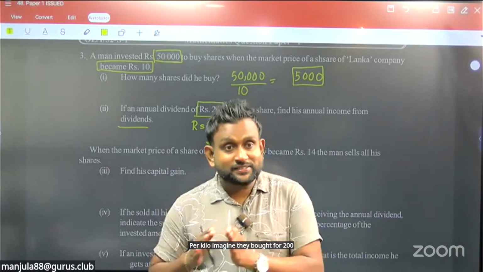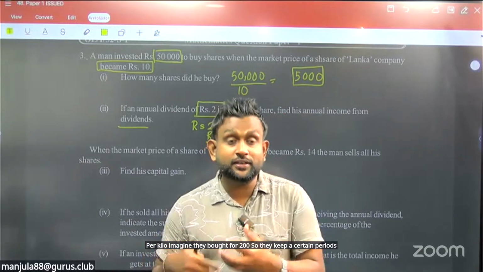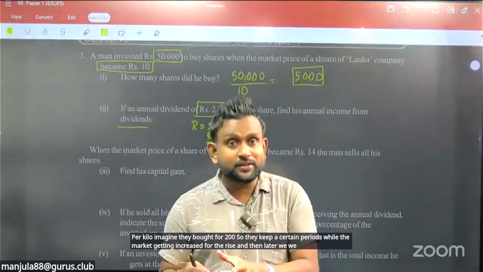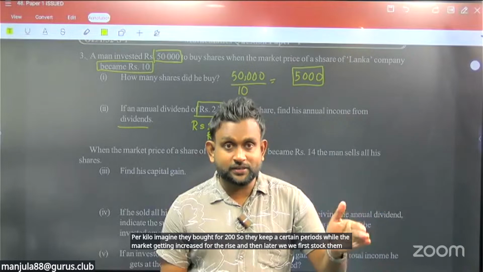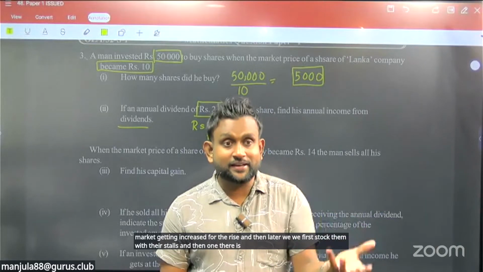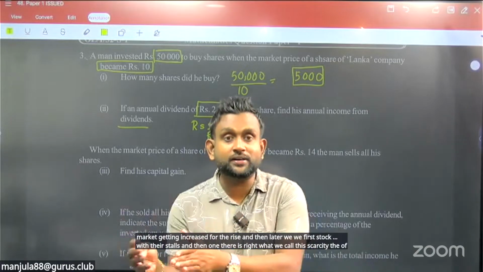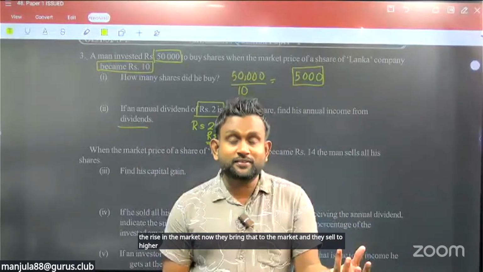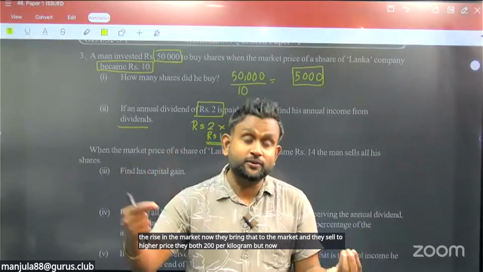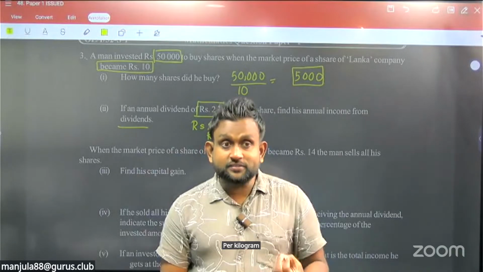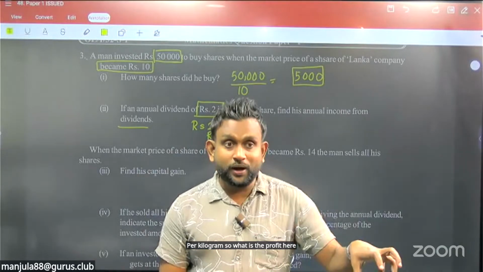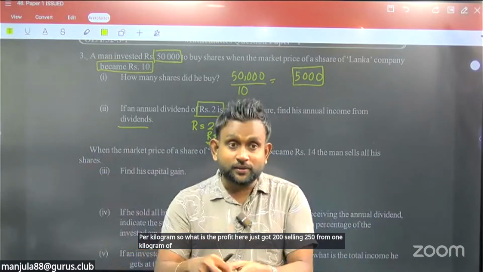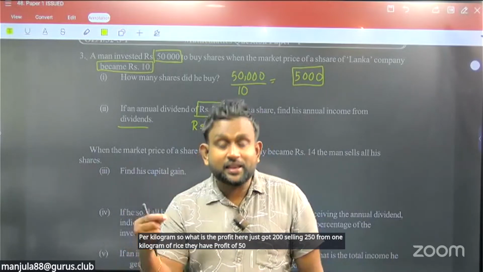They keep it for a certain period while the market demand for rice increases, store it, and when there is scarcity of rice in the market, they bring it to the market and sell at a higher price. They bought at 200 per kilogram, but now they are selling at 250. So what is the profit? From 1 kilogram of rice, they have a profit of 50 rupees. That is like the capital gain.